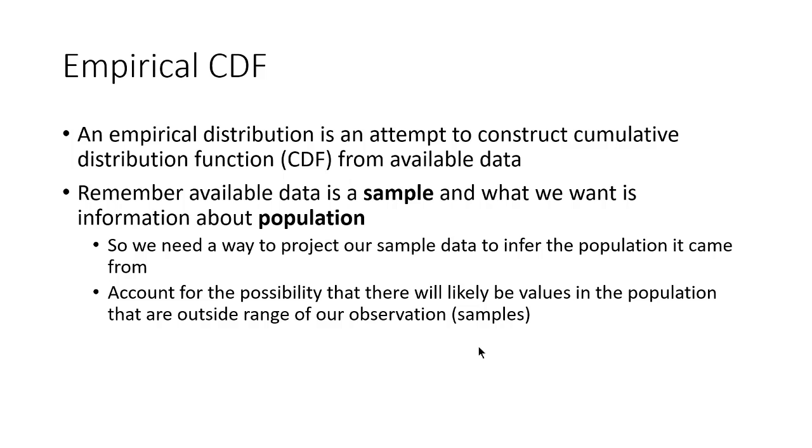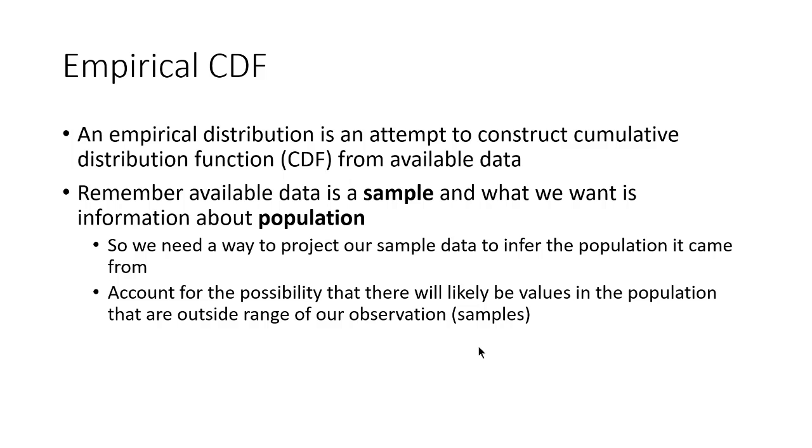So the sample is a small subset of all possible things that can happen, or all possible values a random variable can take. And so we want to account for that, and we want to do that using the sample that we have observed or the measurements that we have made.